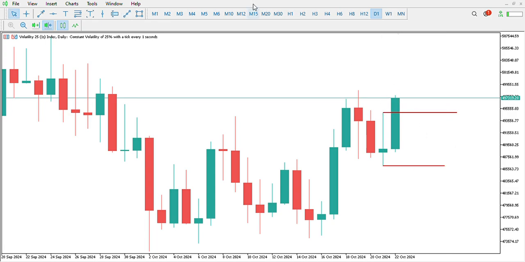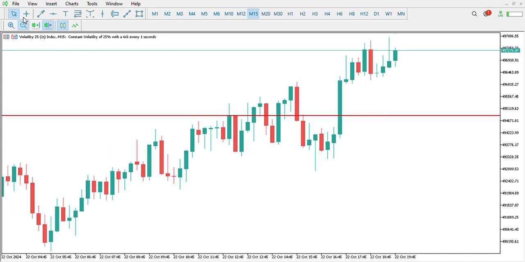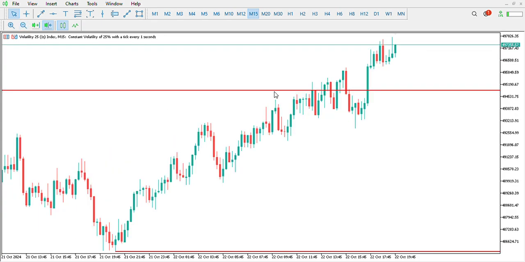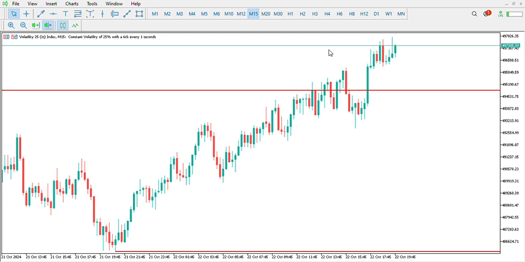So after it breaks there you come to M15. On M15 you're looking for two ways. You're looking for a break of structure and a retest. So in short you're looking for two breaks of structure, two confirmations.